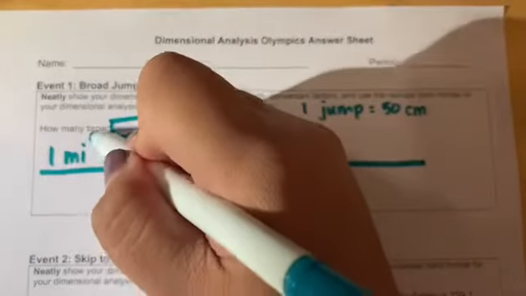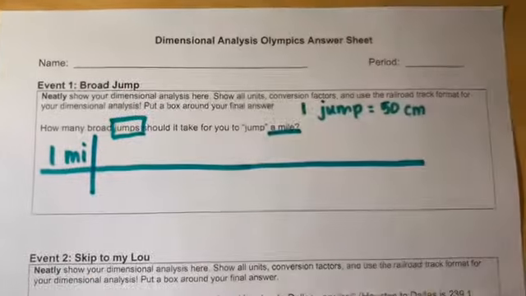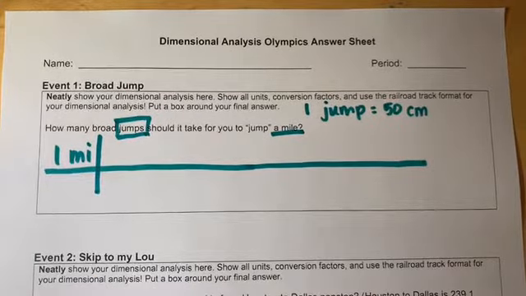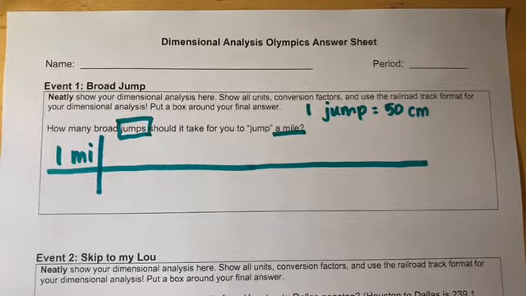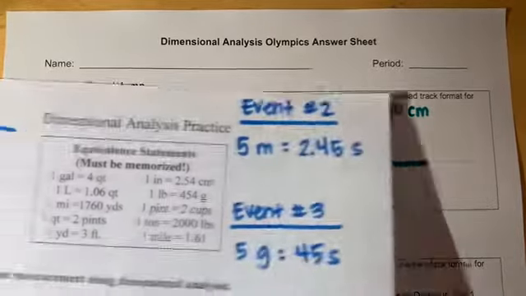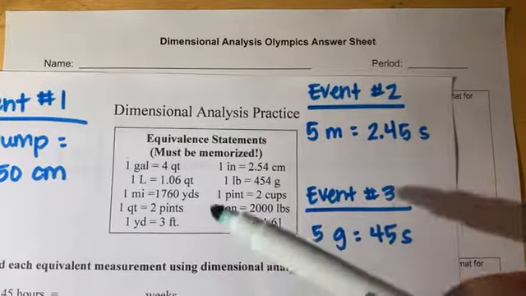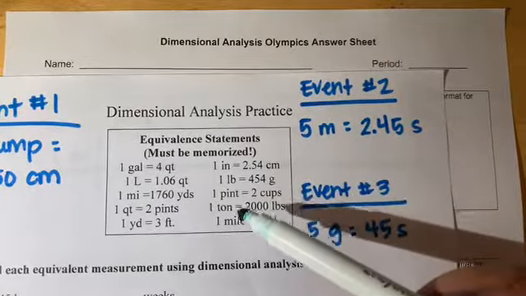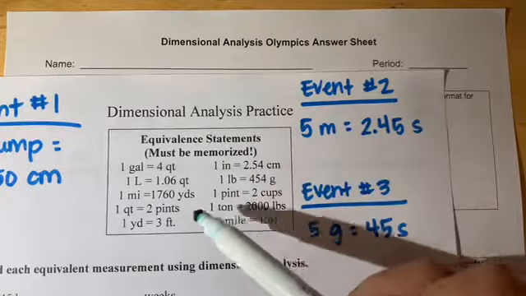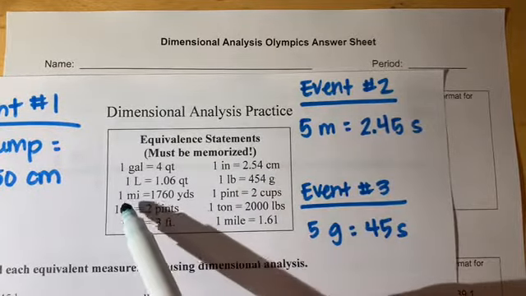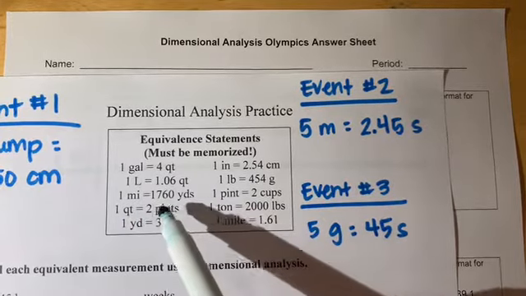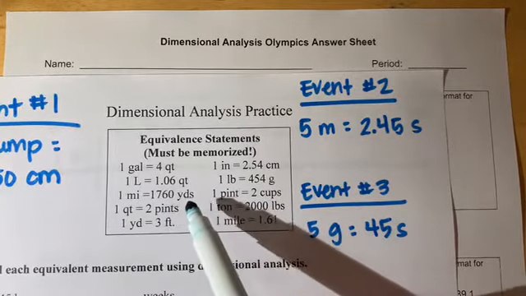This is going to be my first conversion factor. From your dimensional analysis practice sheet, you have some equivalency statements. If I look for miles, I have miles right here: 1 mile is 1,760 yards.